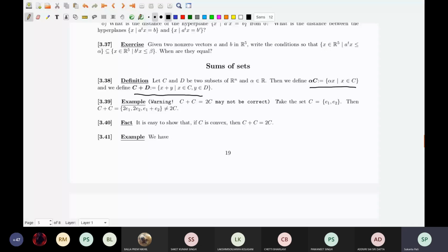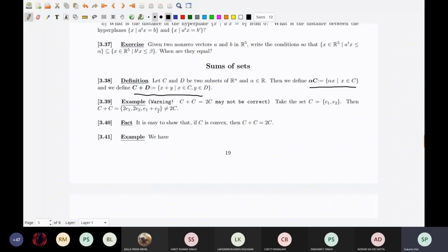Just one simple warning: C plus C is not 2C. That may not be correct. For example, if I take C equal to E1 comma E2, just 2 points, then according to C plus C, what is this?